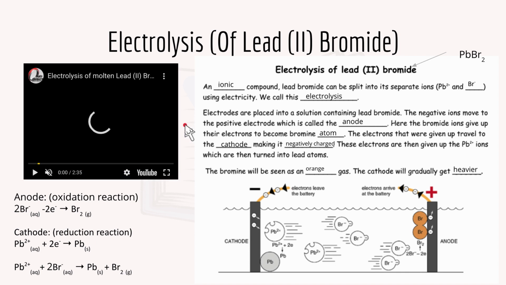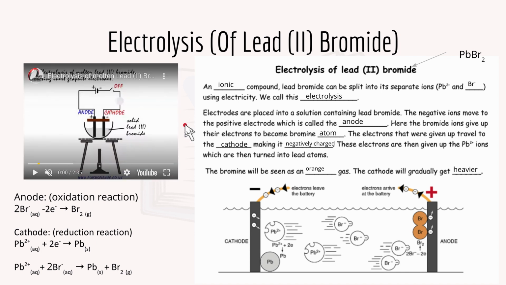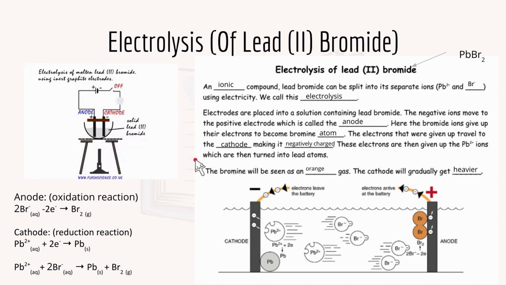An ionic compound, lead bromide, can be split into its separate ions, which are Pb2+ and Br minus, using electricity, and we call this process electrolysis. The electrodes are placed into a solution containing lead bromide, and the negative ions move to the positive electrode, which is called the anode.